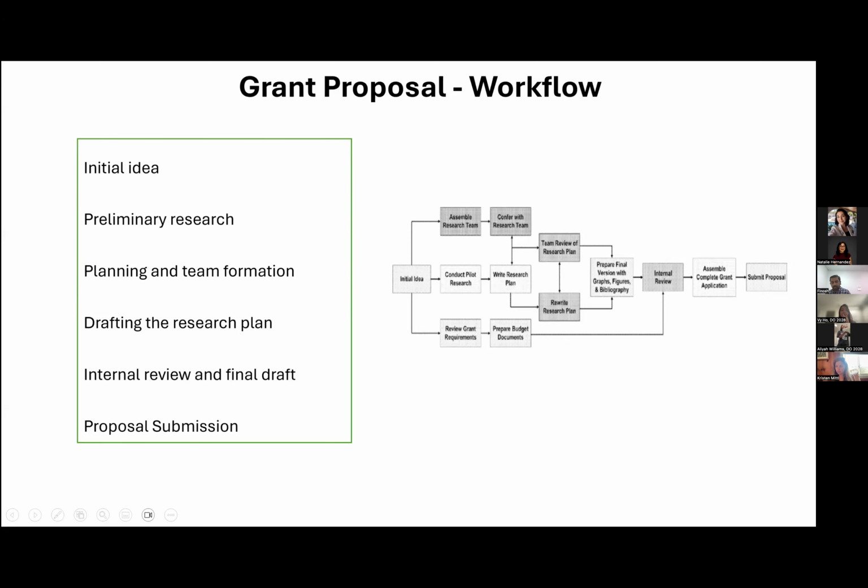Before we begin, when we submit any grant proposal, whether it is a research proposal or any other proposal, we need to make the proposal very impressive. That is the first thing you need to think about.